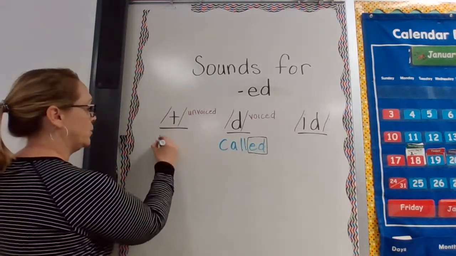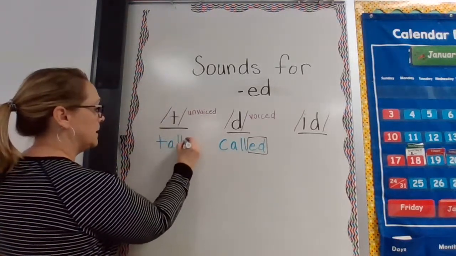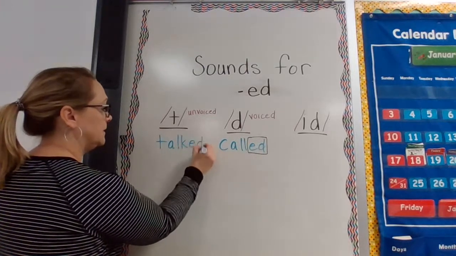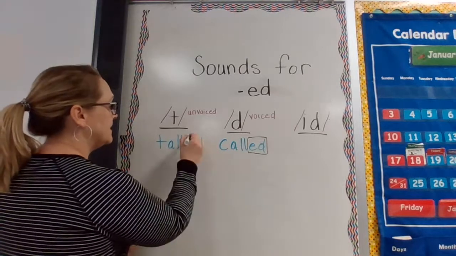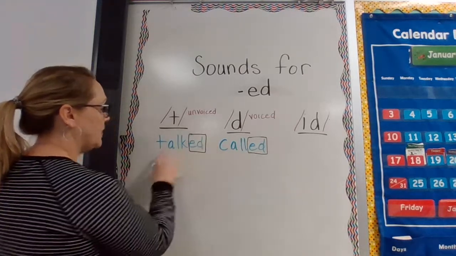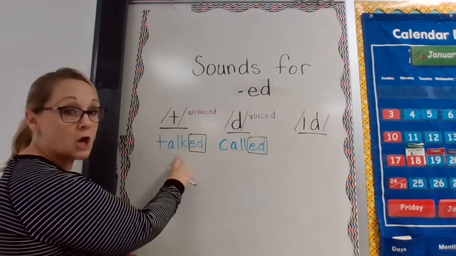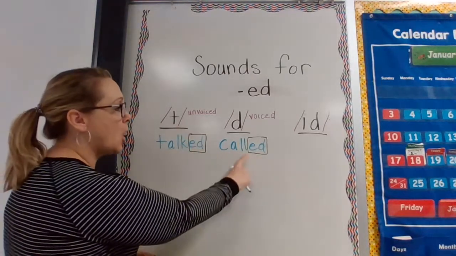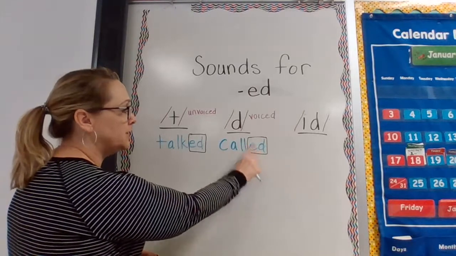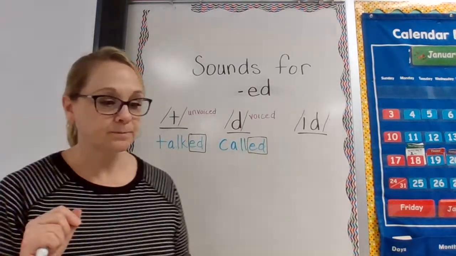So we will write the word talked under T, because ed is making the t sound. Go back to called: it's making the d sound.